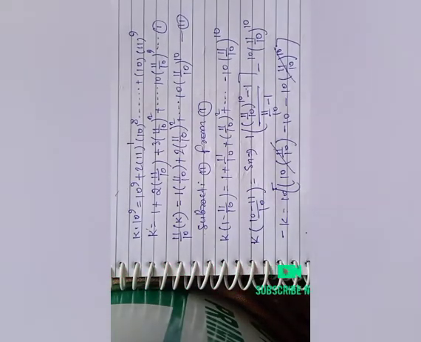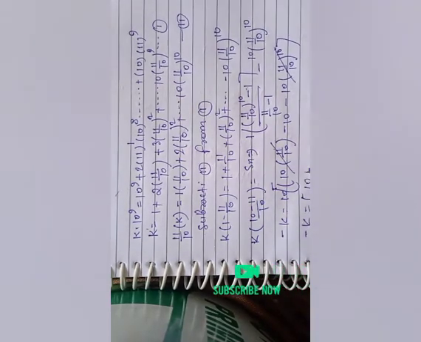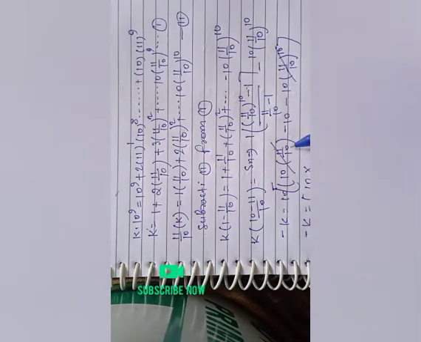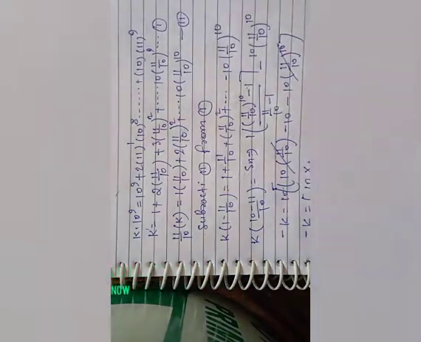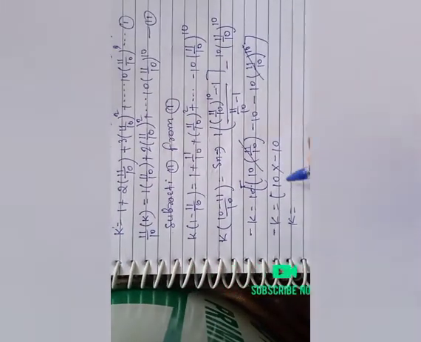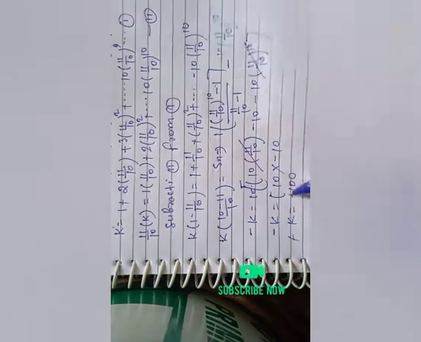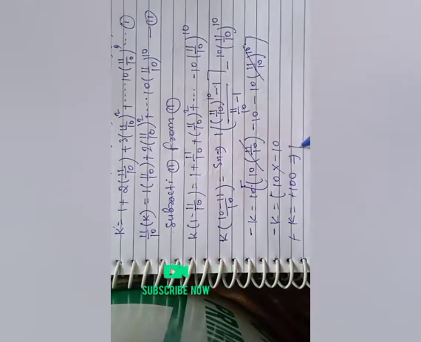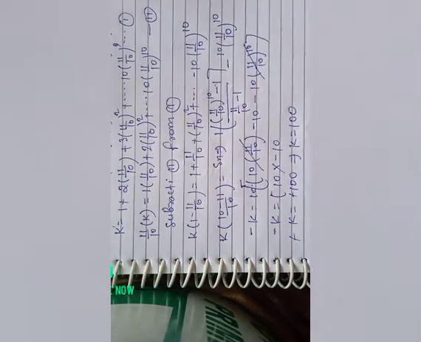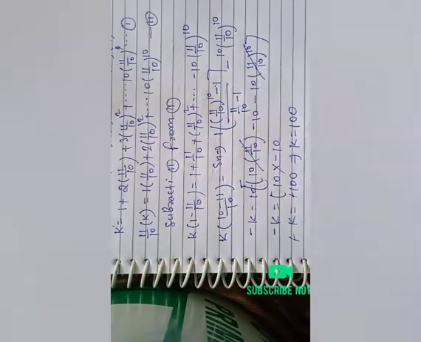Okay, 0 minus k equals 10 into minus 10, then 10 into minus 10, then that will be minus 100. Minus k, this is the answer, k equals 100. Okay, then the second question.